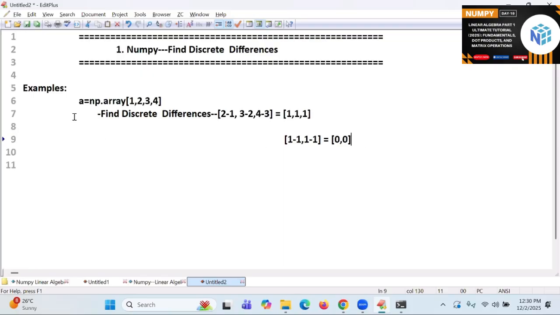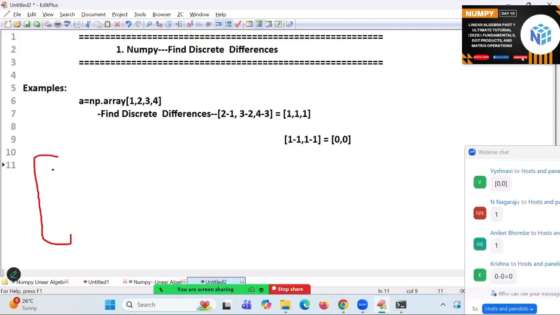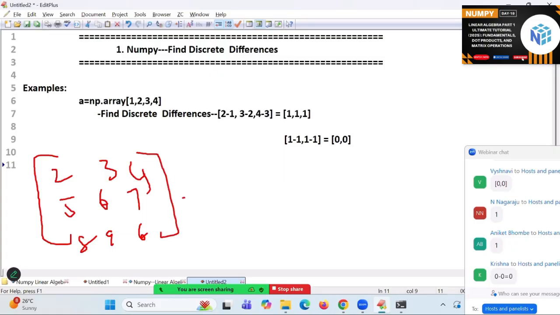So next I will go for the discrete difference of a 2D array. Just look at that. I'm going to write 2, 3, 4, 5, 6, 7, 8, 9, 6. Now I'm going to write axis is equal to 0, which indicates columns.